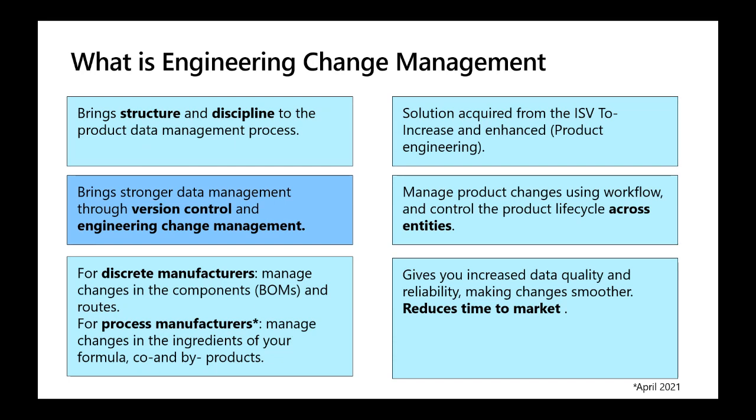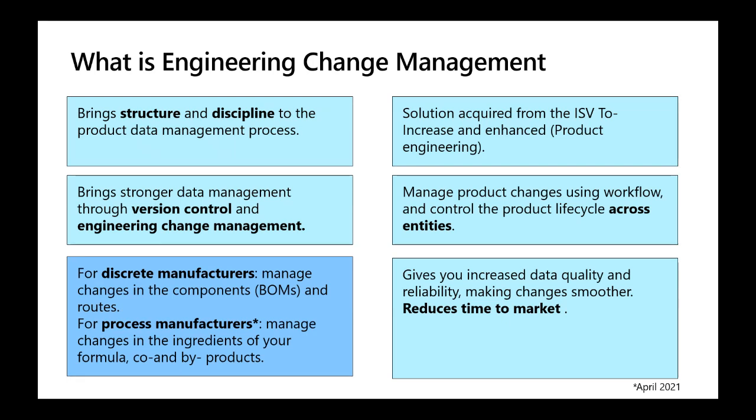So what are these changes in the product? What could those be? For discrete manufacturers, it's very useful to manage the changes in components, what those components in the bill of materials are, if there are any changes, and in the routes of a product. For process manufacturers, it's very useful to keep track of the changes in the ingredients of a formula, in the quantities, for example if one ingredient is being replaced by another, and in the co-products or byproducts of it.